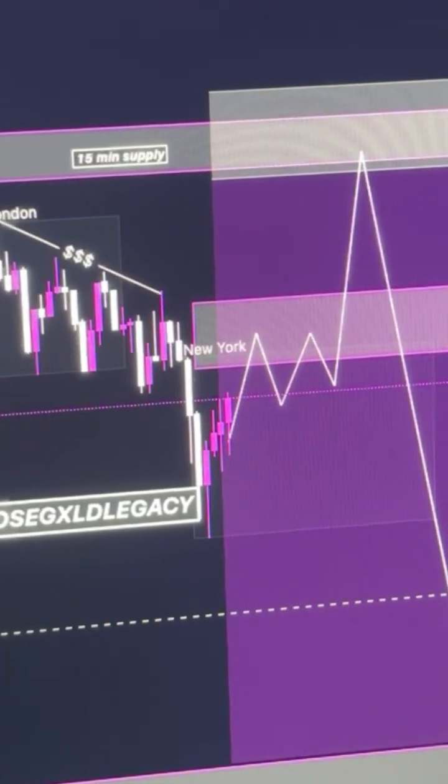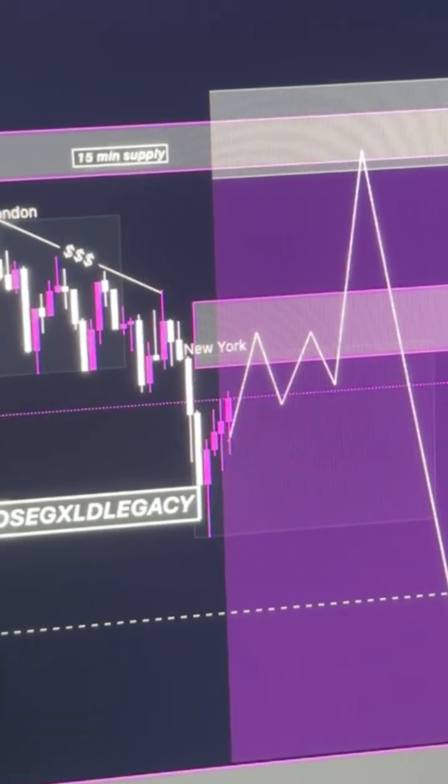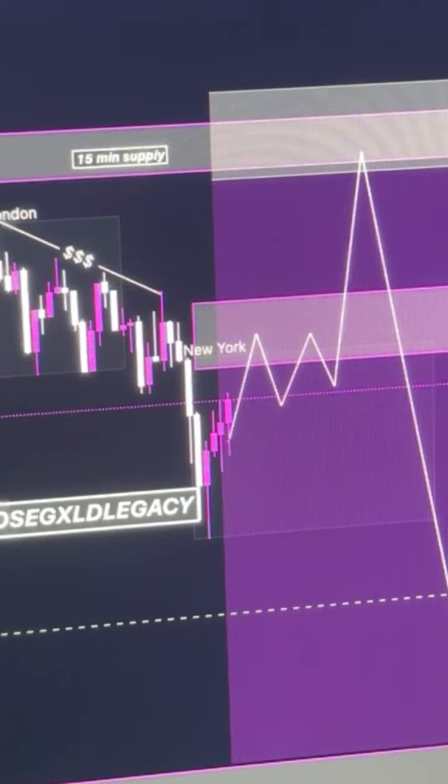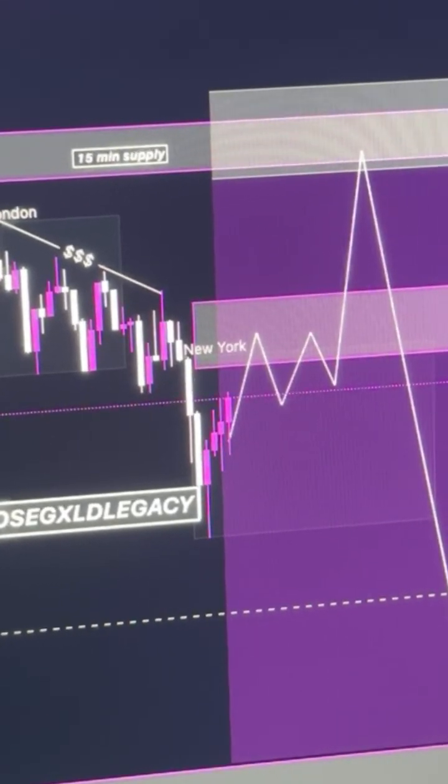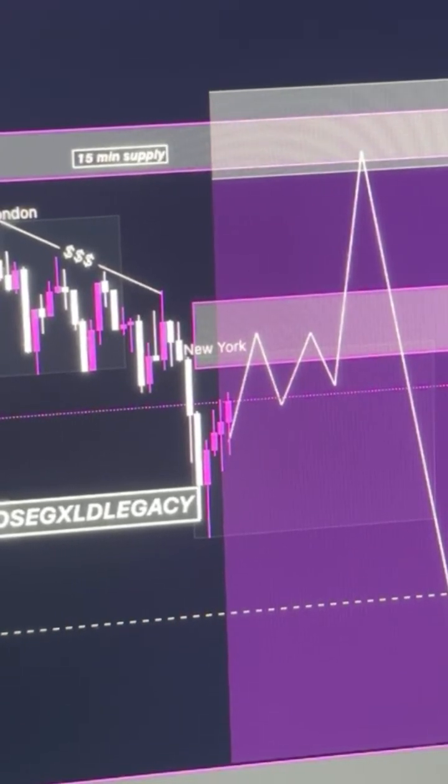I want to see it trap the early buyers from that first demand zone, then come and liquidate them, then come right up to the top zone, then just start to melt. That's what I'm looking for.